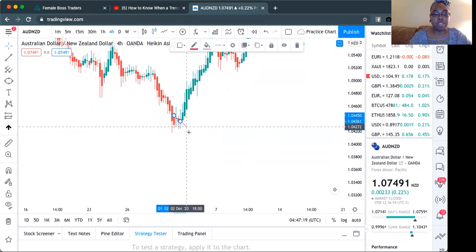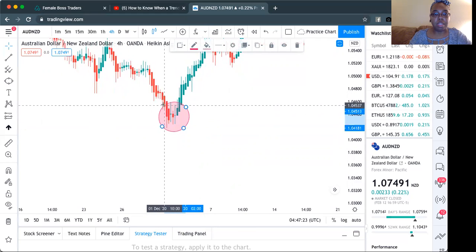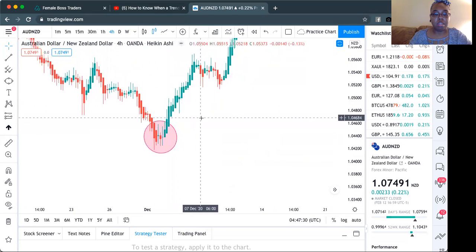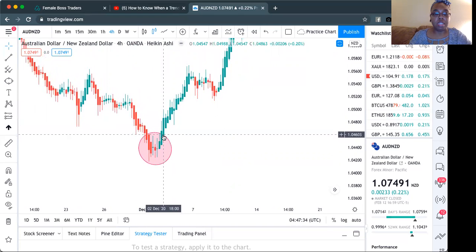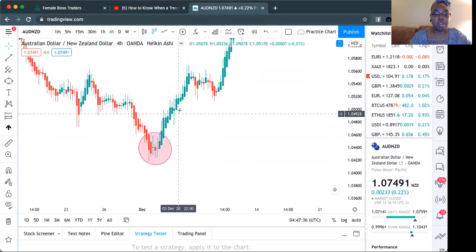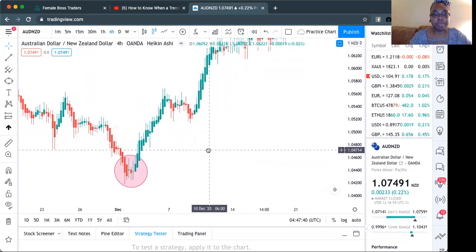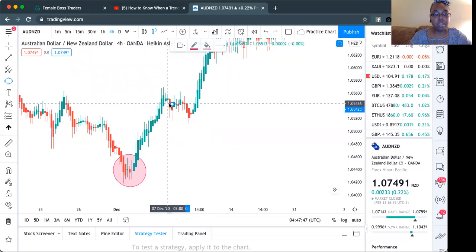Look for sideways in the price. Look for consolidation. Then the market shoots up. Another consolidation right here. Another consolidation right here.